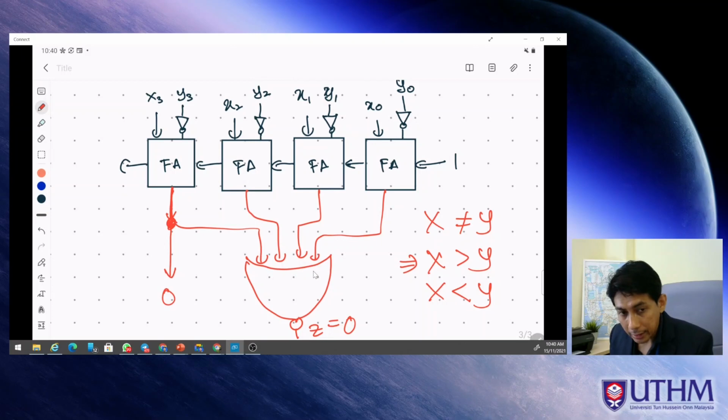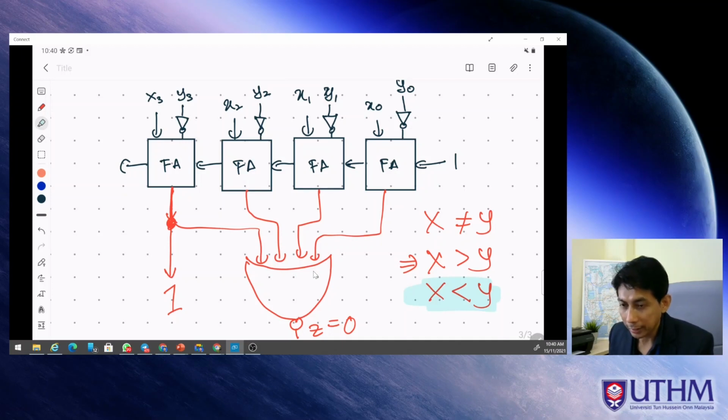If the value is 0, it means that the result is positive, and if the result is positive, the only thing we can say is that X must be more than Y. But if this value is 1, it means that the result is negative, and if the result is negative, it means that X is less than Y. All right? As simple as that.